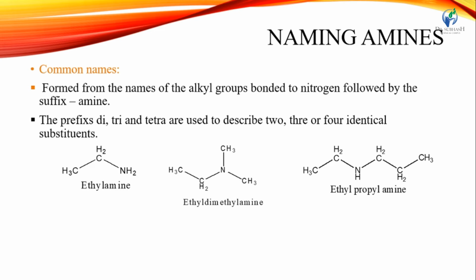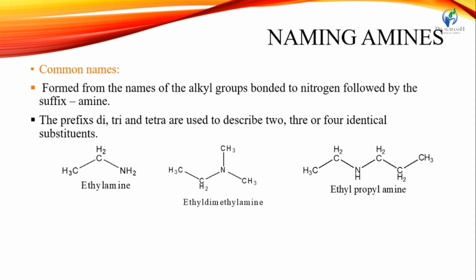Any carbon chain alkyl group bonded to the nitrogen, followed by the suffix amine. Then the prefixes di, tri and tetra are used to describe two, three or four identical substitutions. As per the substitution, you can use di, tri or tetra.